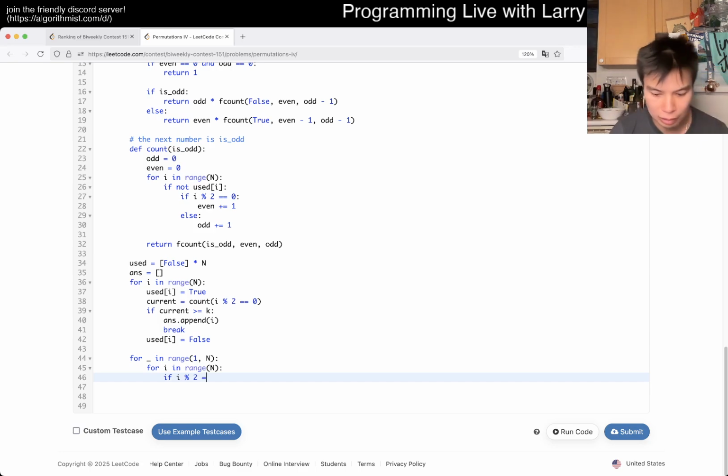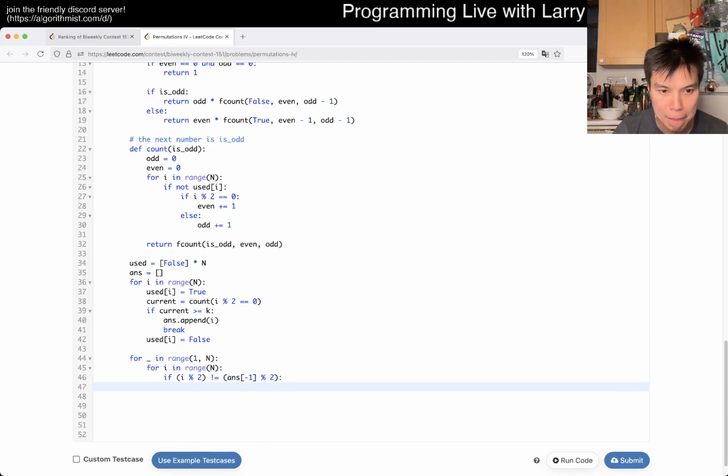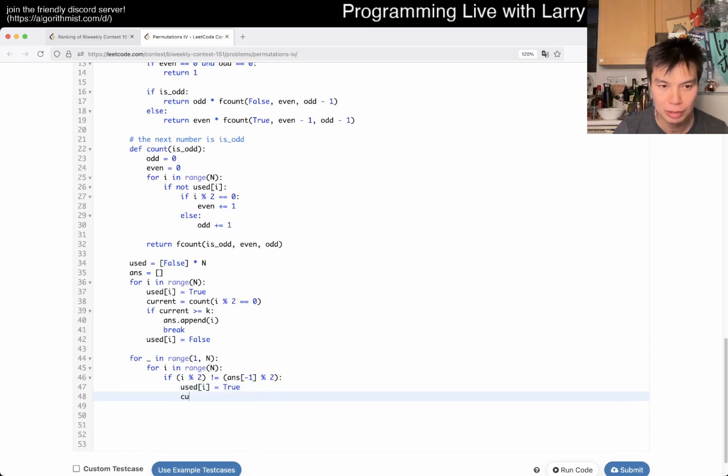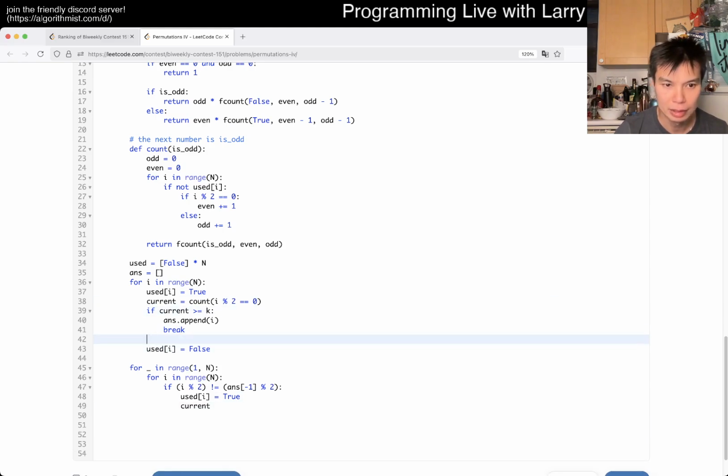And then now is not equal to the last number, mod 2. Then we do the same thing, right? So used of I is equal to true, maybe current. Oh, no, that's fine. Oh, I did miss. Otherwise, K. Try current, right?